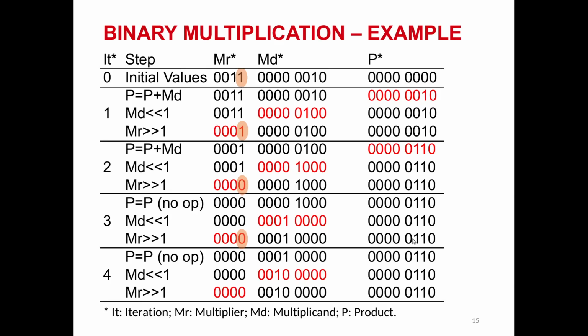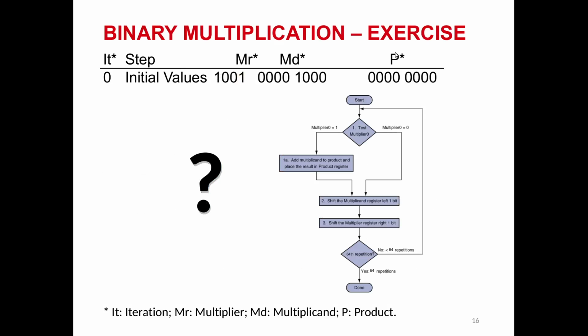Next is the exercise that you should do yourself, in which you have this multiplier and this multiplicand, here is 9 and this is 8, and you have the initial value of product is 0.